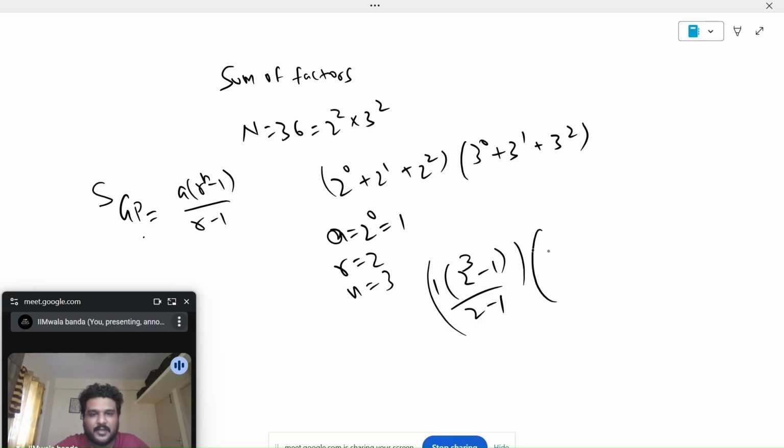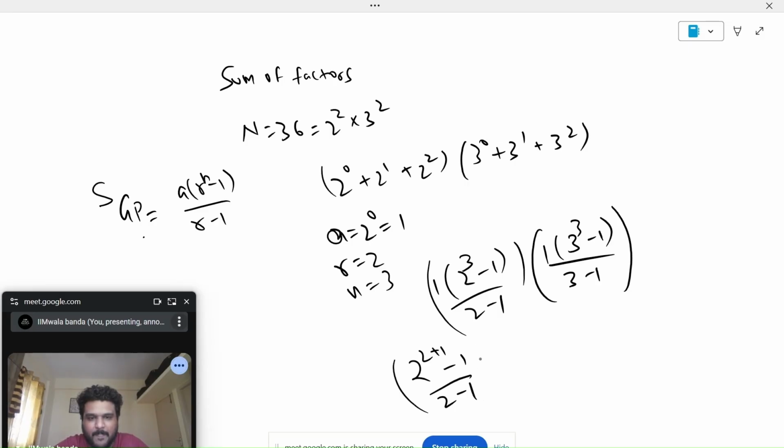And this is, 1 is the first term, 3 to the power 3 minus 1 upon 3 minus 1, because here also there are 3 terms. So if you look at this, can you see it written like this? Right?